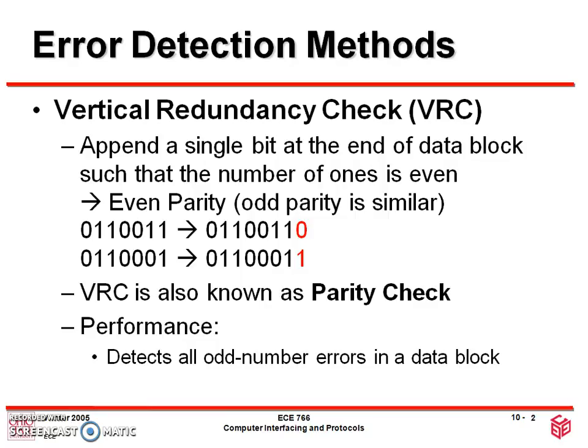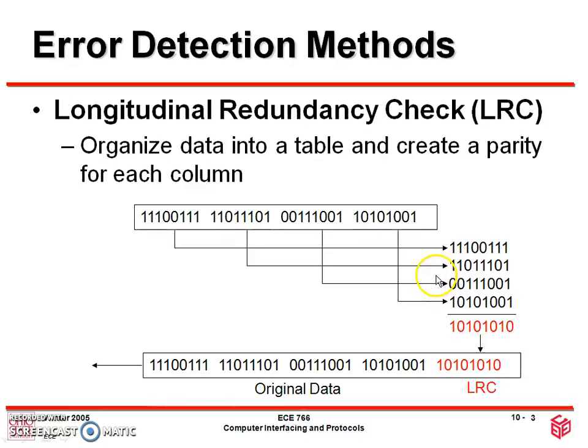So in this method we cannot detect 2 or more bit errors. To detect 2 or more bit errors, we have to include more parity bits. There are 2 methods. You organize the data in the form of a table and add redundancy in the form of vertical columns as well as horizontal rows.